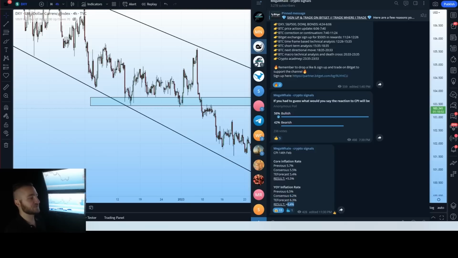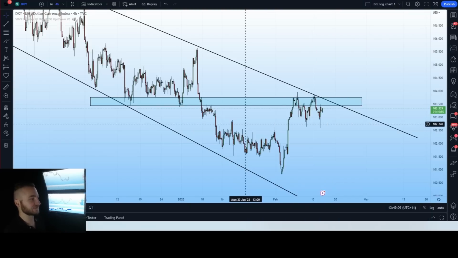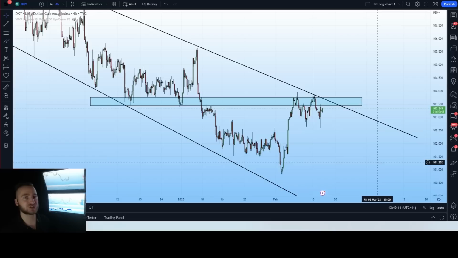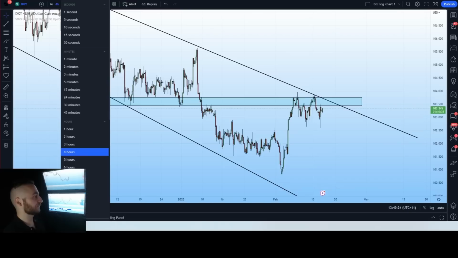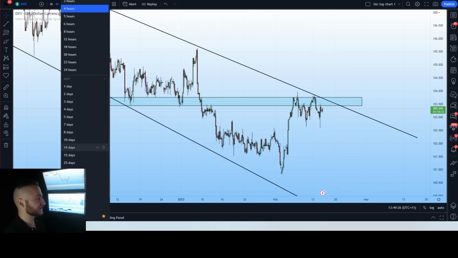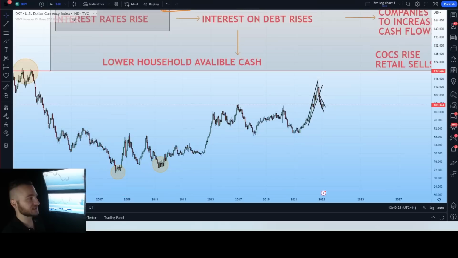So we were slightly above on core and year-on-year inflation, which indicates inflation has actually risen a little bit, which obviously would indicate interest rates have not been doing their job effectively enough. And that could lead to interest rates not falling at that same trajectory we've been expecting and the market has been expecting in the environment.